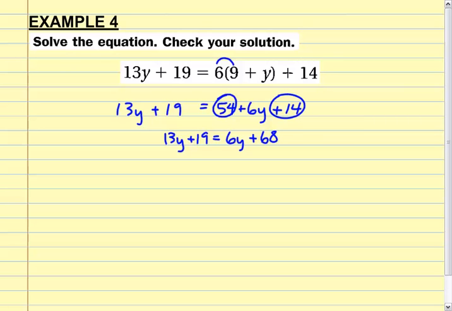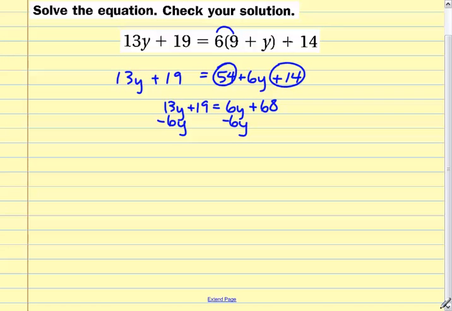I got variables all over the place. So you could minus 6y from one side and do it to the other side. Okay. Minus 6y. All right, and now what do I get on the right side, Jenna?